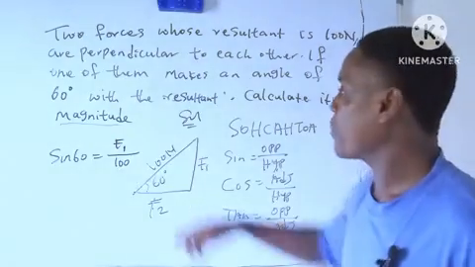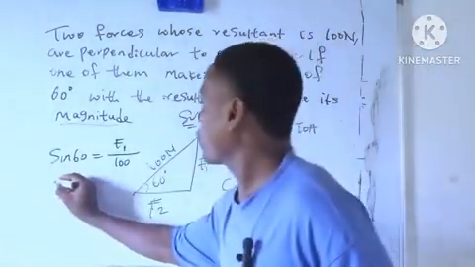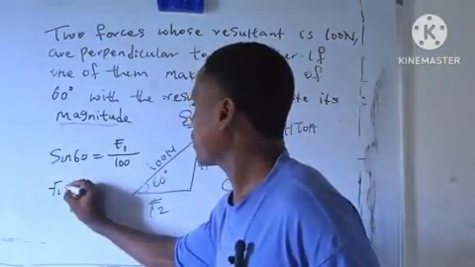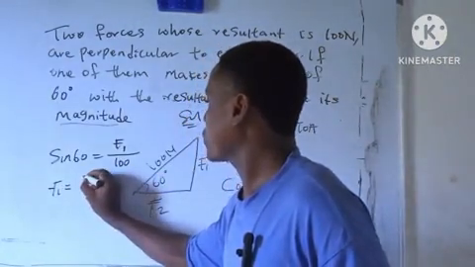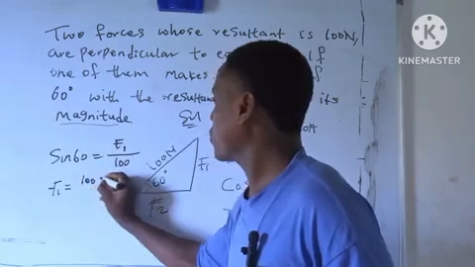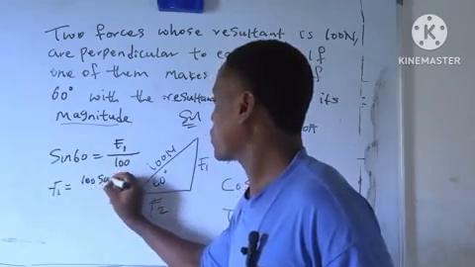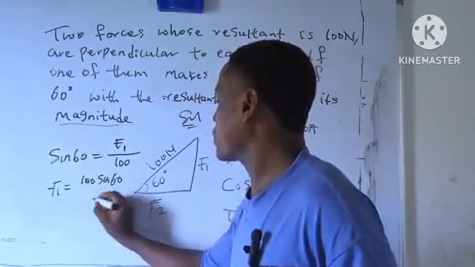By making F1 the subject of the formula, we have F1 equals 100 multiplied by sine 60.